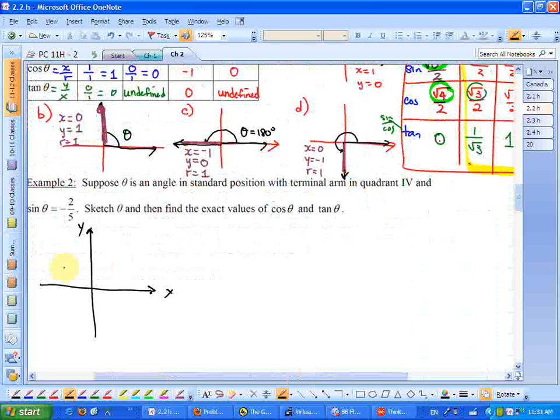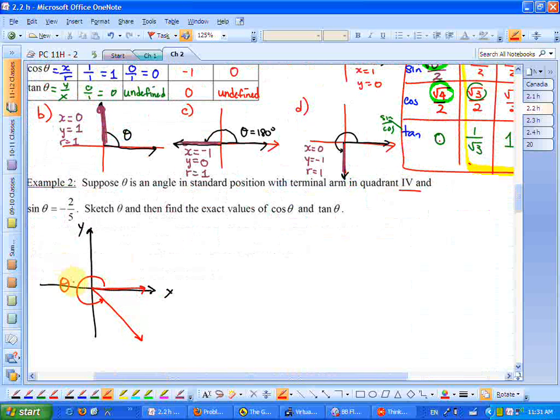Now, which quadrant should this angle be in? Quadrant 4. So I'd like you to do this, okay? Just draw some random angle in quadrant 4. That's theta.